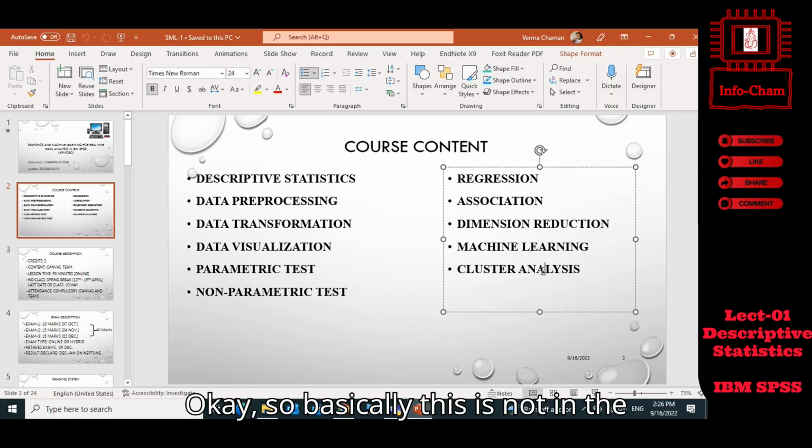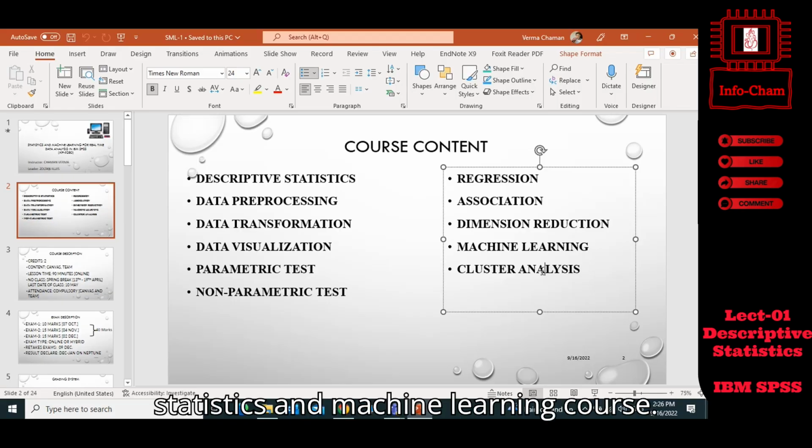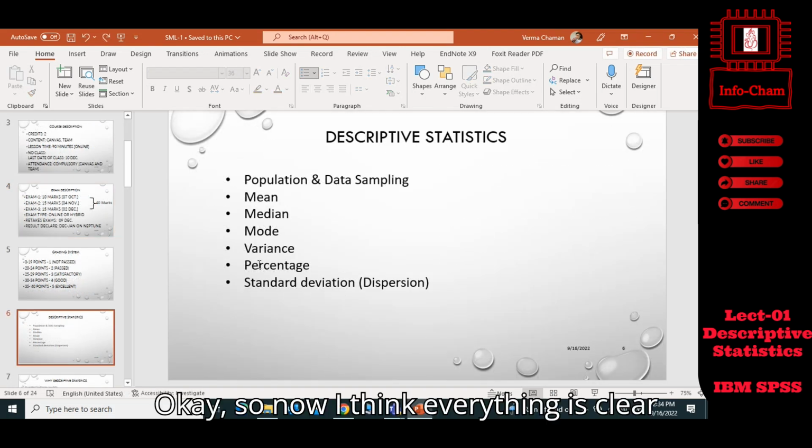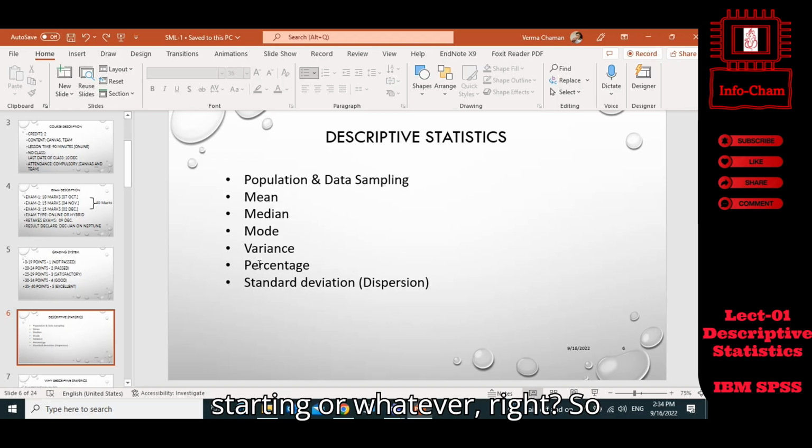This is not in depth, just the basics of the statistics and machine learning course. I think it will give you 2 credits, but 2 credits is not easy to get. You have to work hard. Okay, so now is everything clear to you about the course starting?